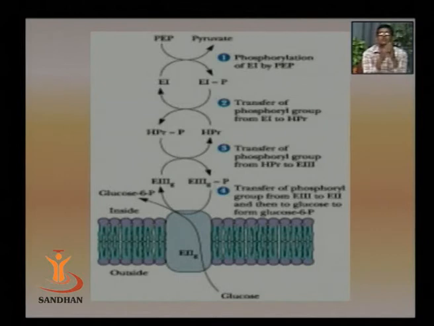But when glucose is not present, when the culture does not have glucose in the medium, what happens is that this phosphate will not be donated to glucose because glucose is not there. So in this case, this phosphate will be utilized to activate the adenylate cyclase enzyme, which is also present just beside this E2 enzyme in the membrane. Adenylate cyclase will use that phosphate for conversion of ATP to cyclic AMP.